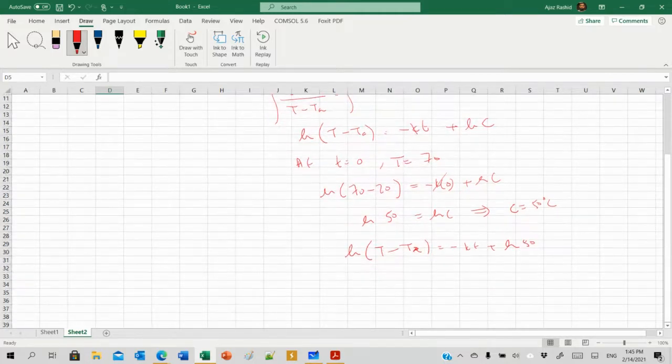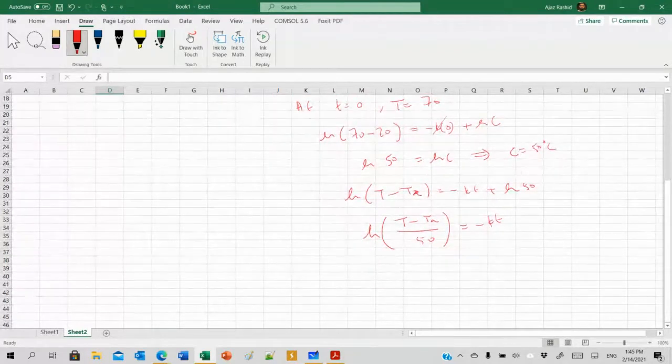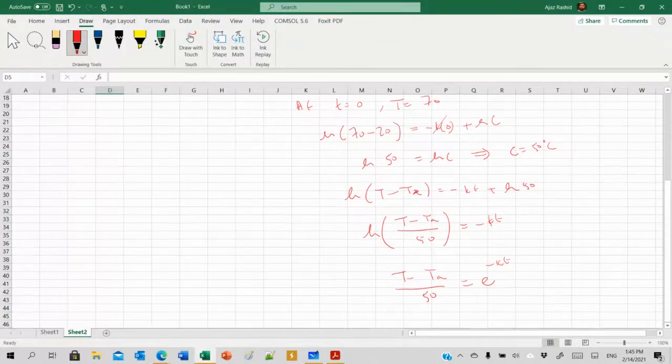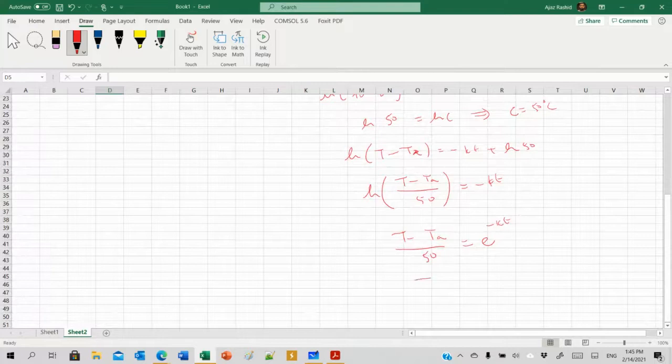I'll take the ln 50 to the other side, so I'll get ln of (T minus TA) over 50 equal to minus kt. I'll take the exponent on both sides, so I'll get (T minus TA) over 50 is exponent minus kt. I'll take 50 there and the TA there, so I'll get T is equal to TA plus 50 exponent minus kt.